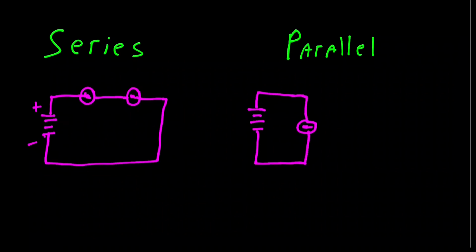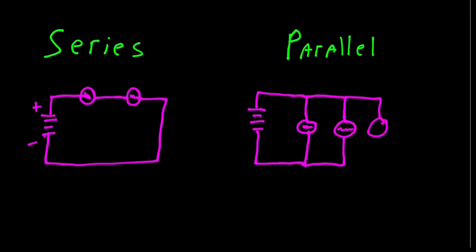However, if we extend the circuit and put another light bulb here, we can see that these two are in parallel with each other, and we can put a third light bulb if you'd like to complete the circuit.